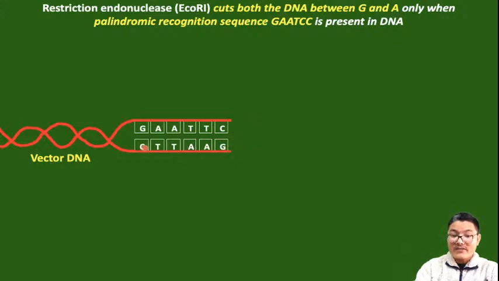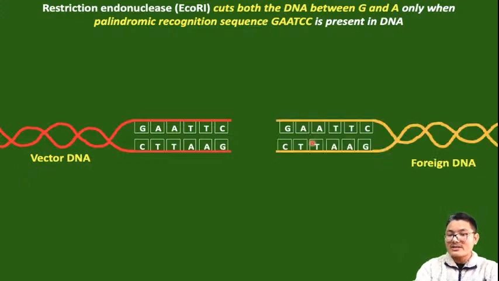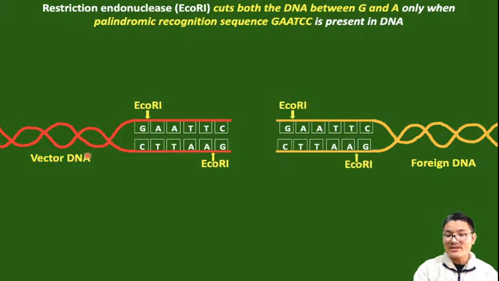This is regarding vector DNA. Now in case of the foreign DNA also, the same palindromic nucleotide sequence or palindromic recognition sequence is present. See, we have GAATTC and GAATTC, right? And EcoR1 has its recognition sequence in between G and A in case of the vector DNA, and that of the foreign DNA in between G and A, right?